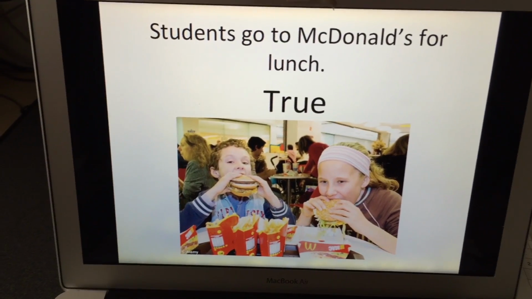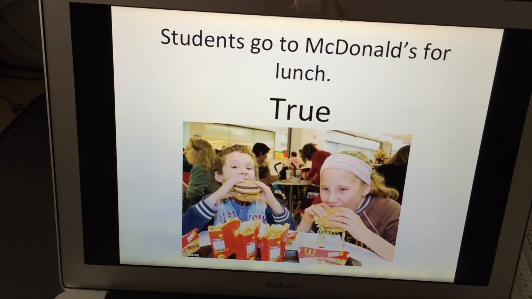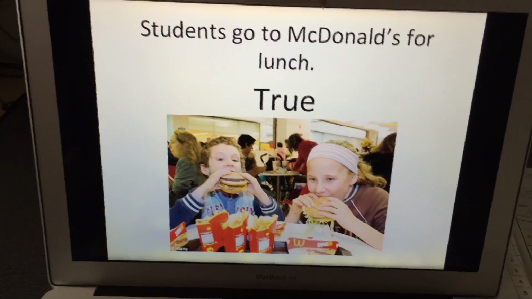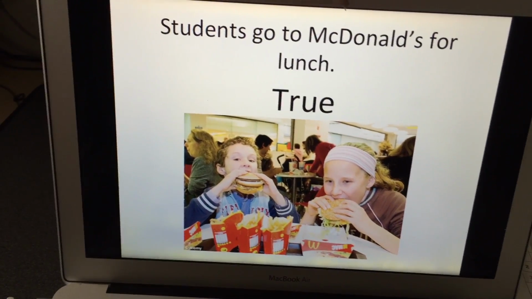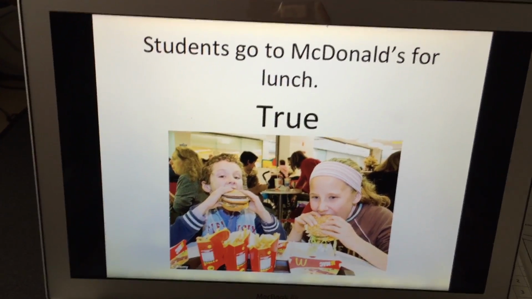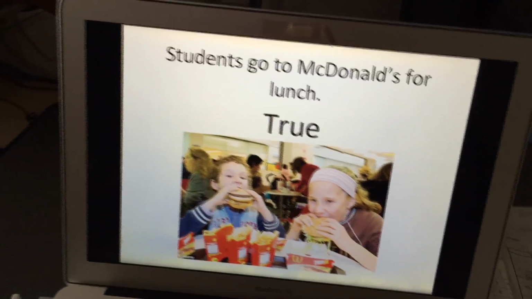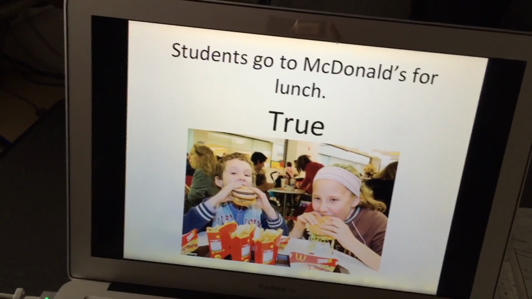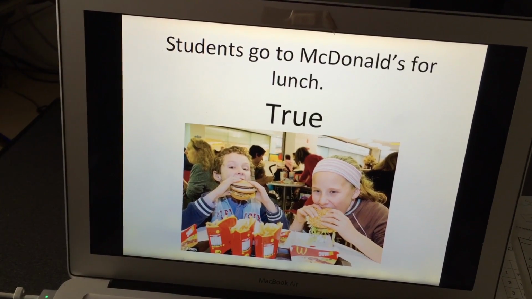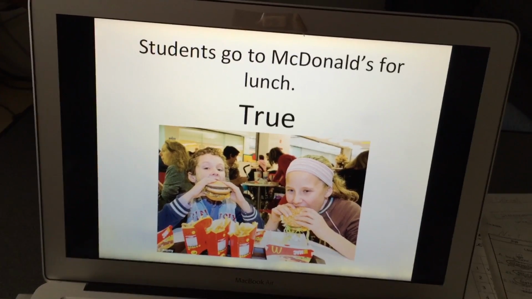They usually eat bentos that were prepared at home, or I don't even think they can eat konbini food, like convenience store food. So it's very, very strict still. But in Canada, students can eat McDonald's for lunch, and they can go out to a convenience store and eat whatever, right?